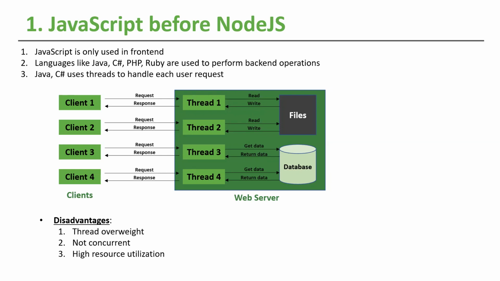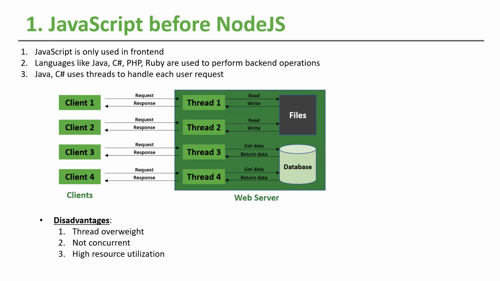These servers are also computers, but they are in remote locations, so we access them through the internet. Whenever a client makes a request, the web server creates a thread for them. This thread is a lightweight process, you could say. For each request, there's going to be one thread, and if there are multiple requests, the web server will create multiple threads.